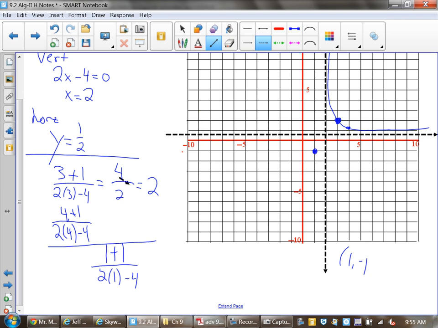And then 0 should be really easy. What's that? Yeah, 2 over negative 2 is negative 1, right? Okay. And then at 0, I get 1 over negative 4. So we're doing this.